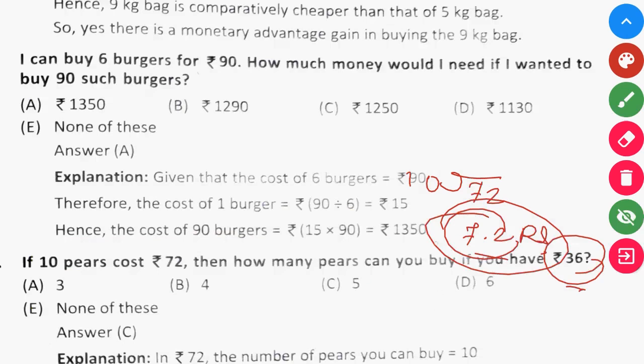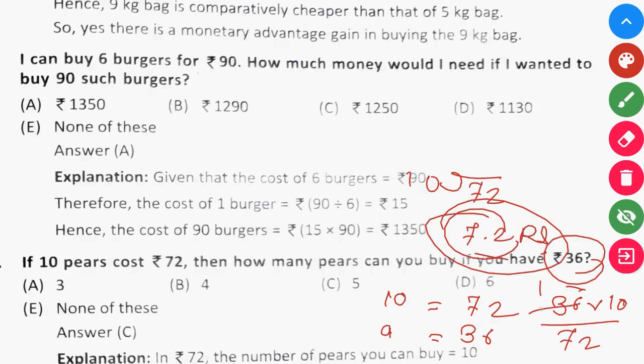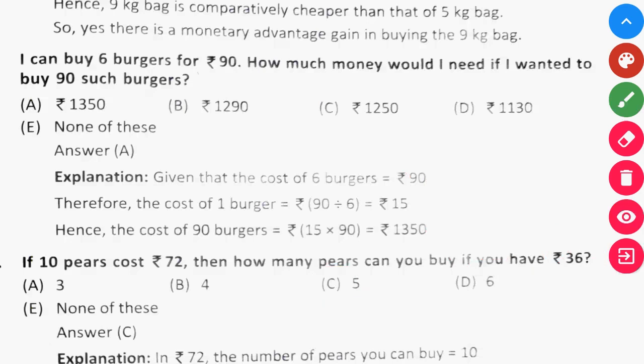Or you can do the cross multiplication here. In 10 pears for 72 rupees, how many pears for 36 rupees? 36 multiplied by 10 divided by 72. 36 ones are 36, 36 twos are 72, and 2 ones are 2, 2 fives are 10. So you will get 5 pears for 36 rupees.